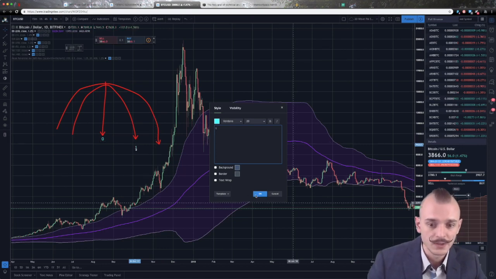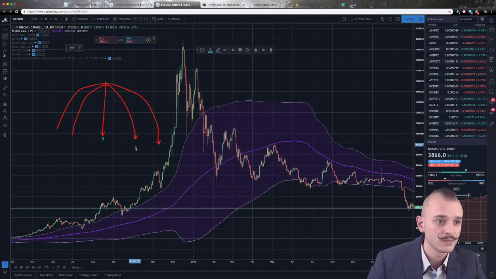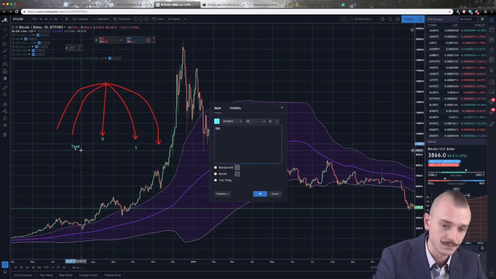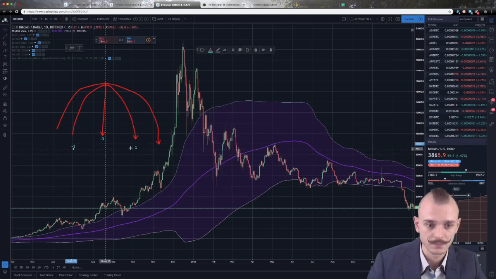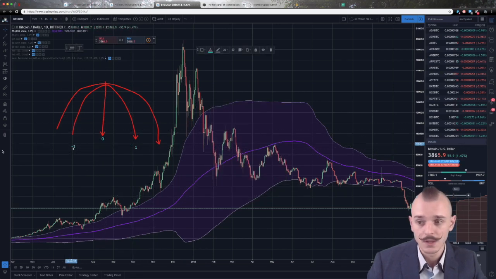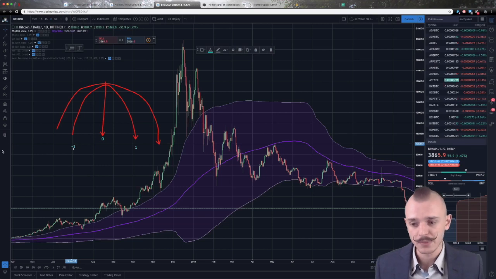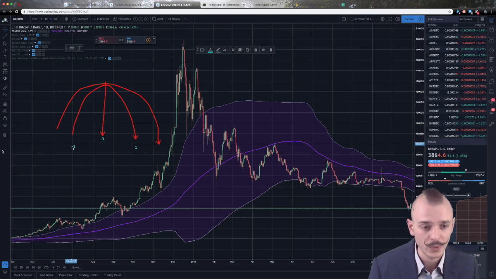Okay? So in between the -1 and the 1, we would anticipate 68% of the data to reside between these two values. Or rather, 68% of points or values will reside between that range.